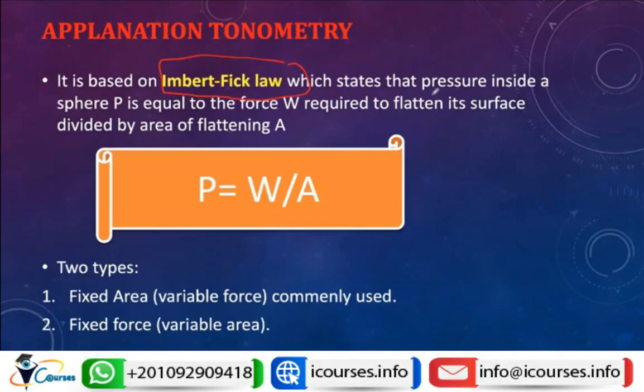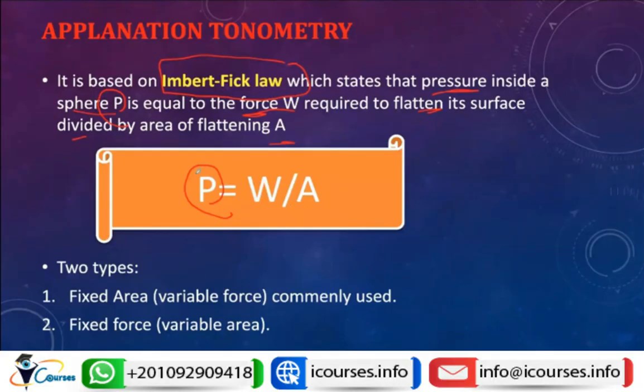It says that if there is a pressure, to measure the pressure inside the sphere, which is referred to as P, this will be equal to the force applied to this sphere in order to flatten a surface area. So this surface will be called A. So pressure inside the sphere will be equal to the force applied divided by the area flattened.